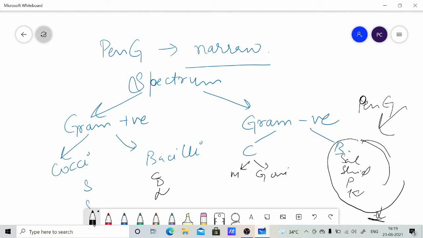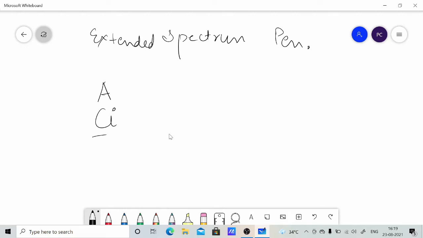So to overcome this problem, we have developed the extended spectrum penicillins. You can remember the drugs by a mnemonic: A city map. From A it is ampicillin.